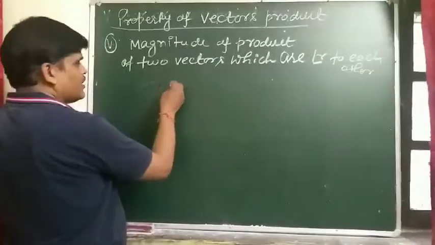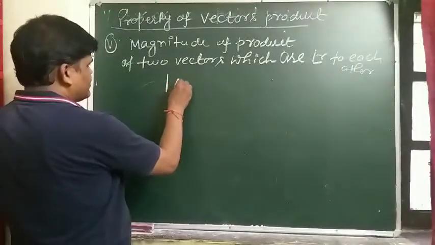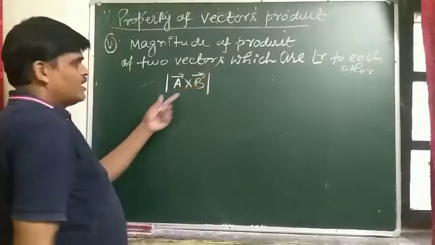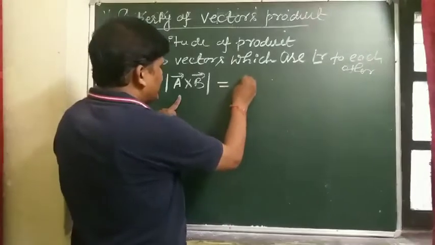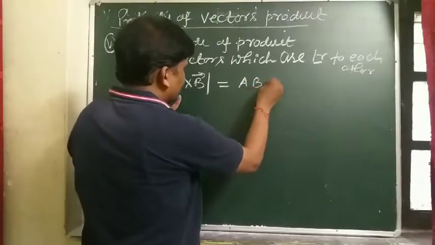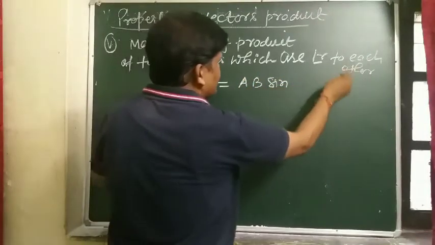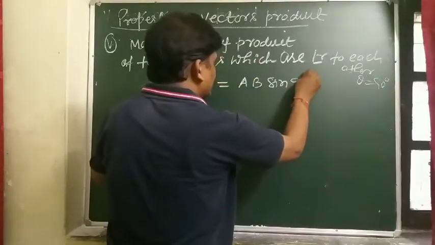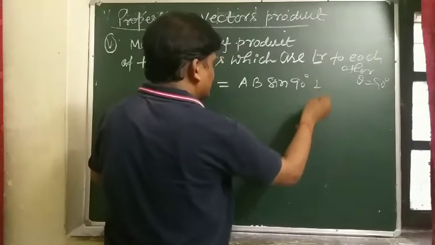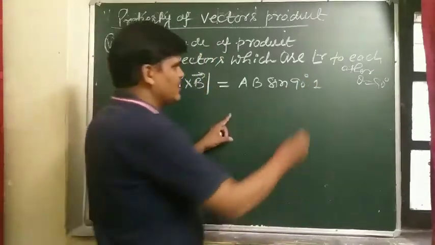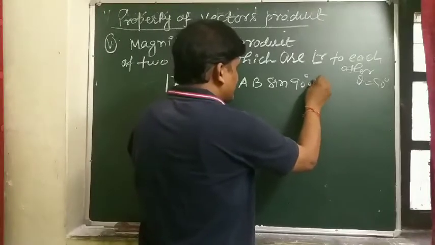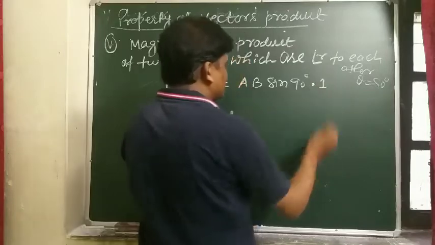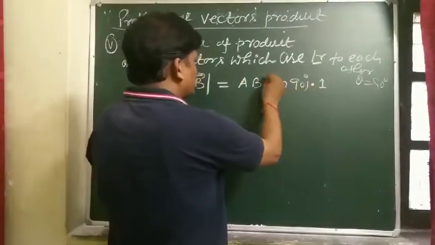The magnitude of vector A cross B has the formula AB sin theta, where the angle between them is theta, which is 90 degrees. Sin 90 is 1, and the magnitude of a unit vector is 1.